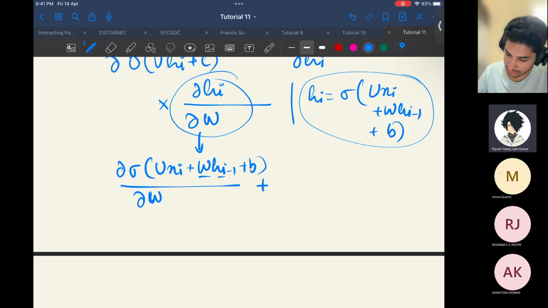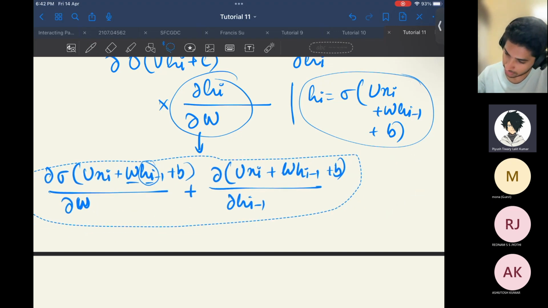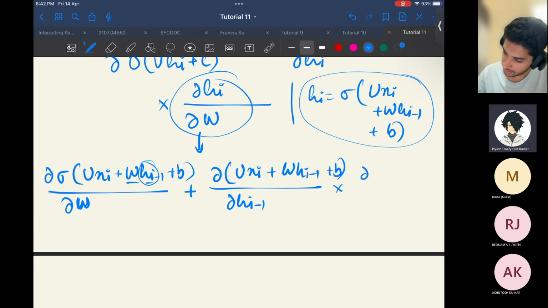Plus, for this I will keep Hi minus 1 constant, right? I am just using the differentiation of a multiplication of two functions. And then I will have to take del of U xi plus W Hi minus 1 plus B by del Hi minus 1, into del Hi minus 1 by del W. Something like this will come up.